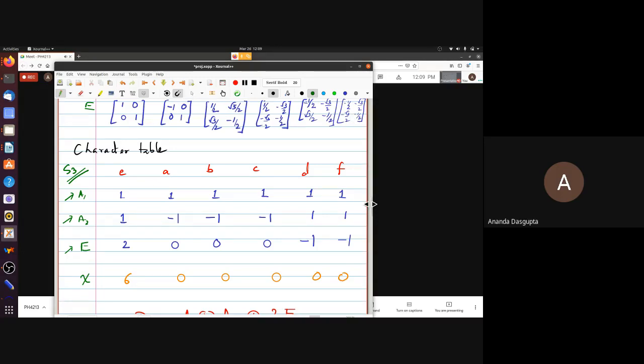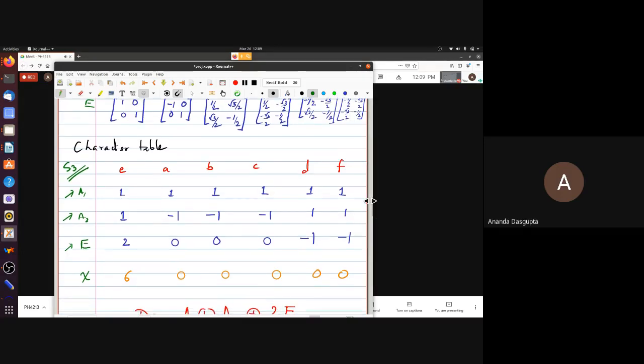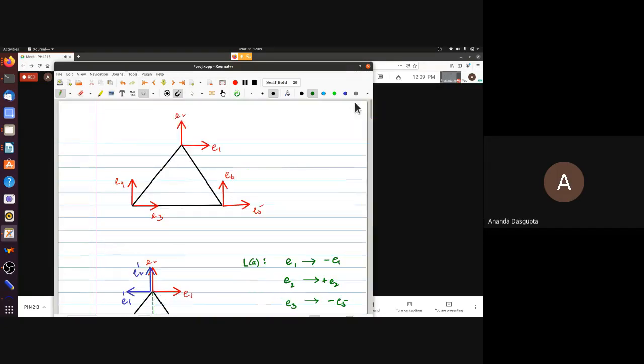Hopefully soon. But let me just remind you, we were talking about molecular vibrations of an equilateral triangle shaped molecule, and in 2 dimensions at least, we could actually write down any displacement of the atoms in terms of these 6 basis vectors, which we have called E1, E2, E3, E4, E5, and E6.